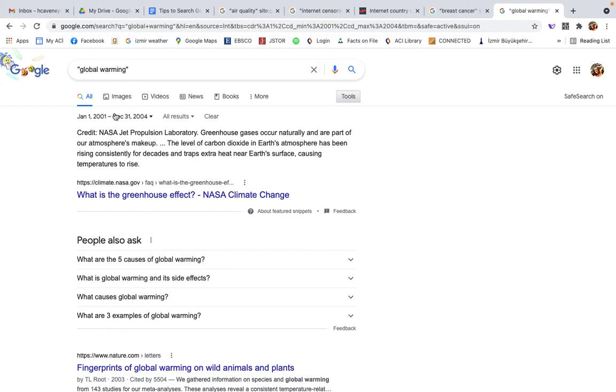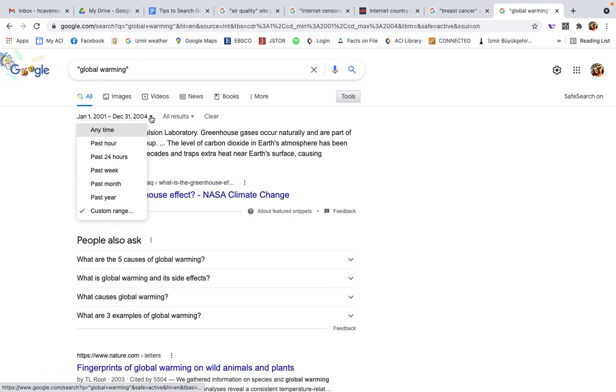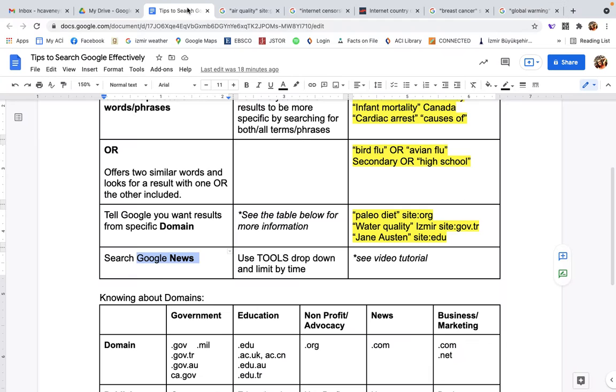These are going to be results from specific years. So maybe you want to look for a specific event like an earthquake or a hurricane, and you want to find just the news from the days or weeks directly after it. You can tell Google specifically what date you want with a custom range. All right, I think that's enough for now.